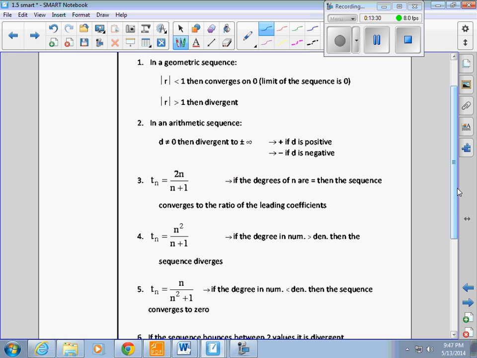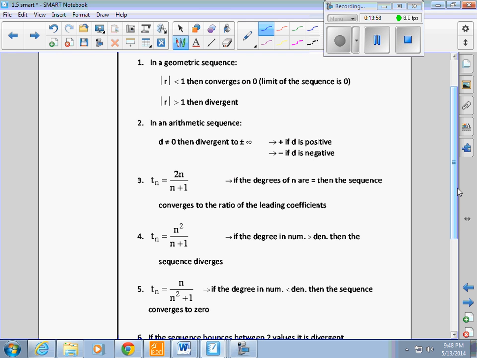So if your common difference is not equal to 0, then it's considered to be divergent, and it'll go to positive infinity if d was positive, and negative infinity if your d was negative.